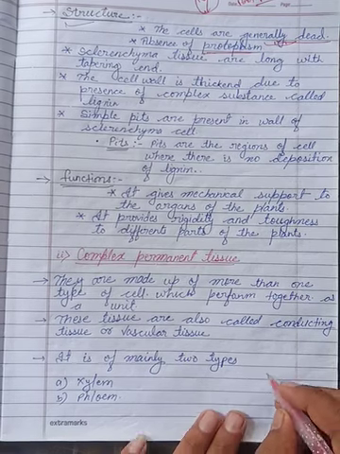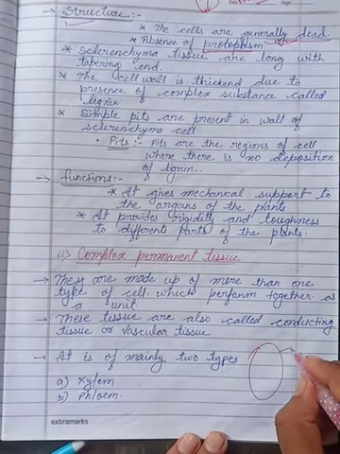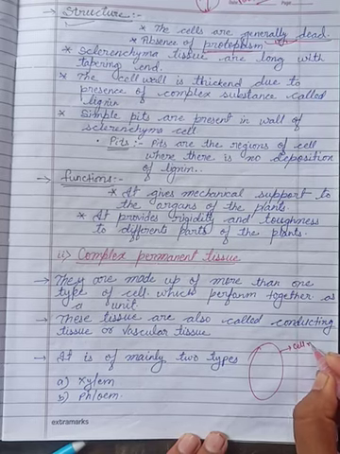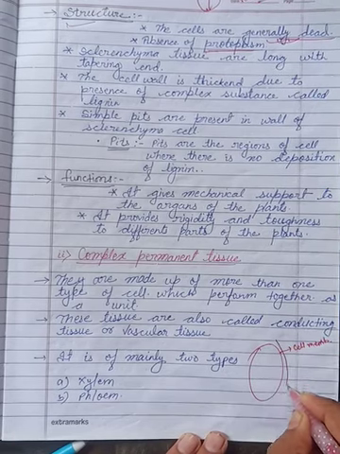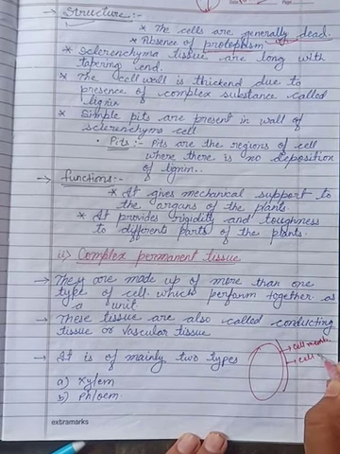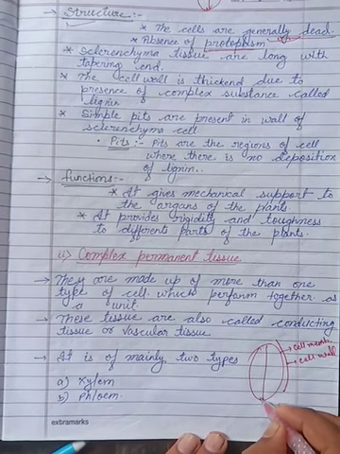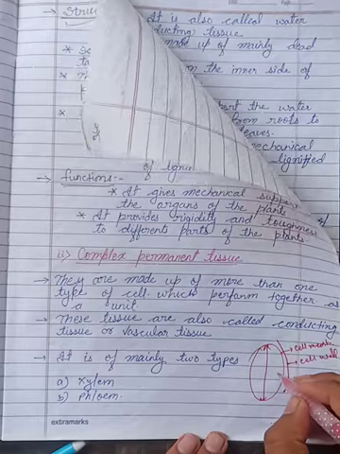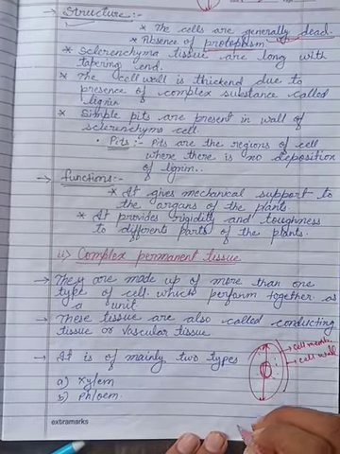Take a look one more time. It is the cell and it is the cell membrane. And as you know, the outermost layer of a plant cell is the cell wall. Inside the cell membrane, there is cytoplasm, and it has the nucleus.